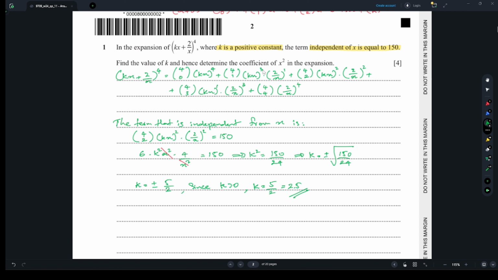So then probably it is the second term, right? You can see here you have x to the power 3 times 1 over x. So then it is x squared.